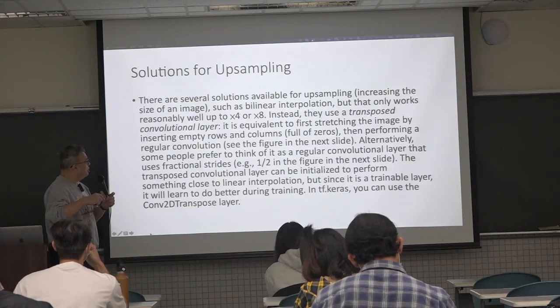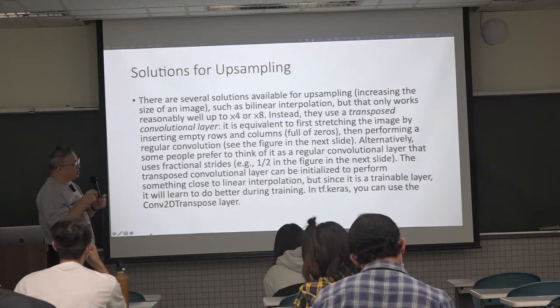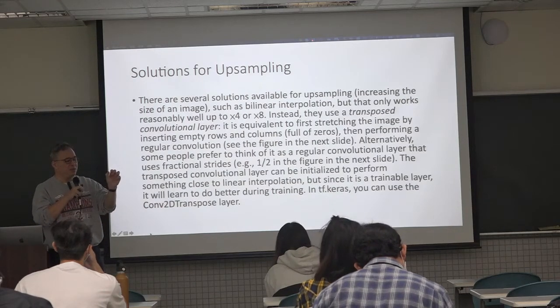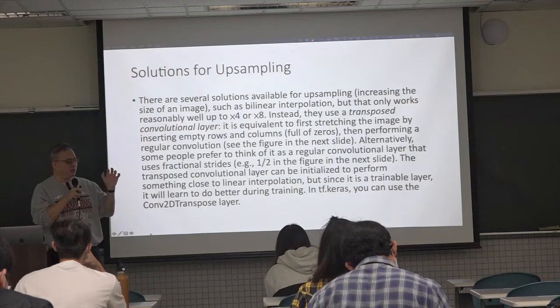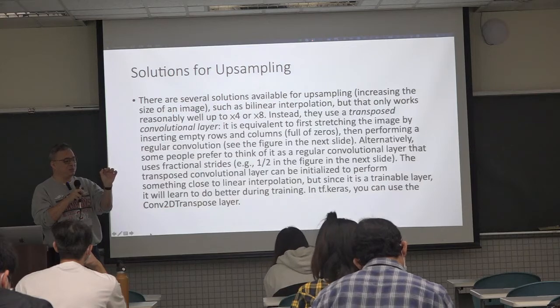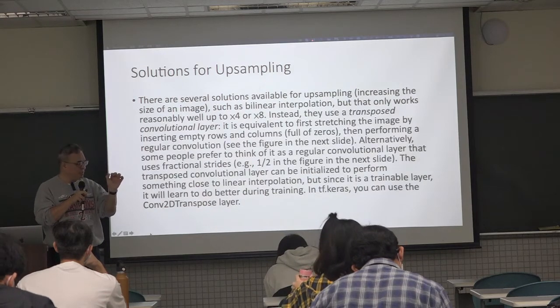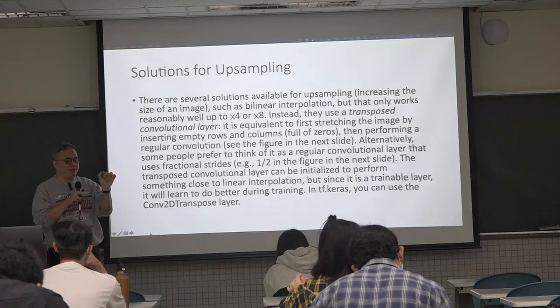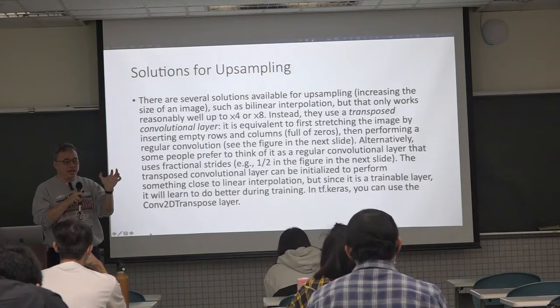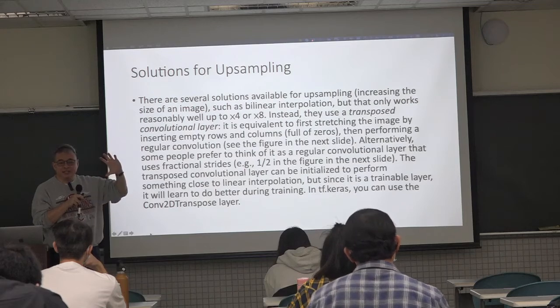Bilinear interpolation is like this: if you want to double the height and width, for consecutive pixels you insert one pixel in between. Then the height and width will be doubled, right?